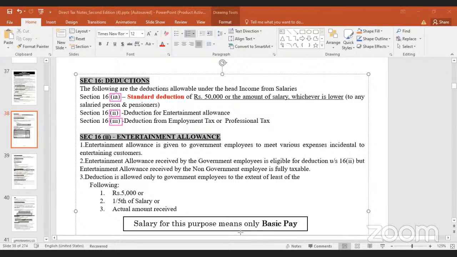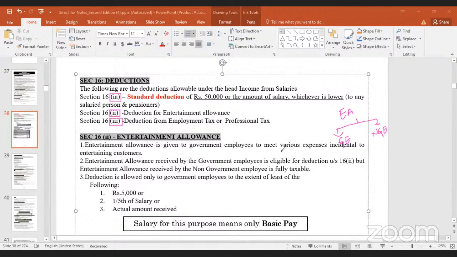Okay. Next is 16 clause 2, deduction towards entertainment allowance. Entertainment allowance is given to both a government employee and a non-government employee. Both will be given it by an employer.